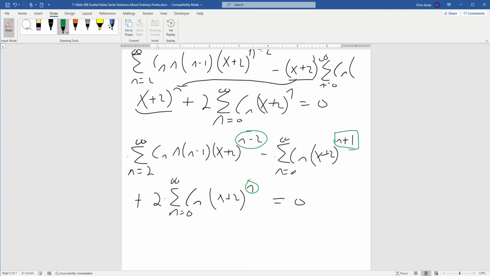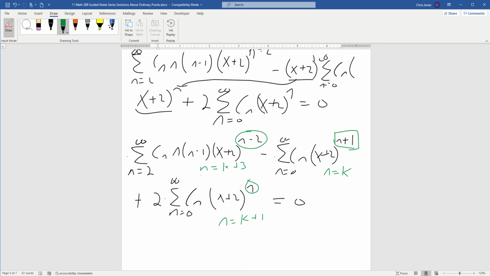That way we always make it look like the biggest one rather than going backwards. So in the first series, we're going to let n be equal to k plus 3, because k plus 3 minus 2 is going to give us k plus 1. In this series, we're going to let n equal k. And then in the third series, we're going to let n be equal to k plus 1.